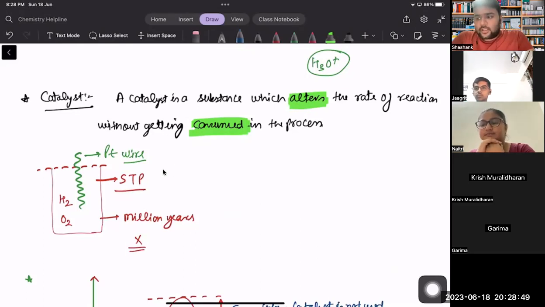Most of the research is for that only, how do you fasten up the process, fast food industry kind of thing. The second word which you focused on is the consumption part, that the catalyst is not consumed in the process. But does that mean that it does not take part in the reaction also? No, it does take part in the reaction.